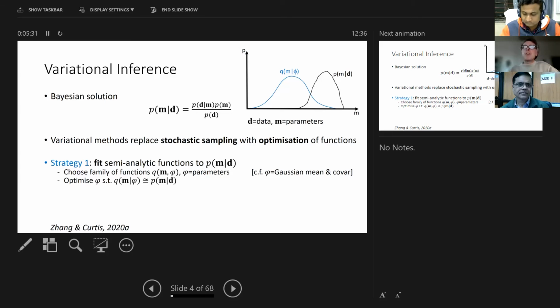Then we've got these two parameters, in this case labeled phi1 and phi2, the mean and the variance or standard deviation.